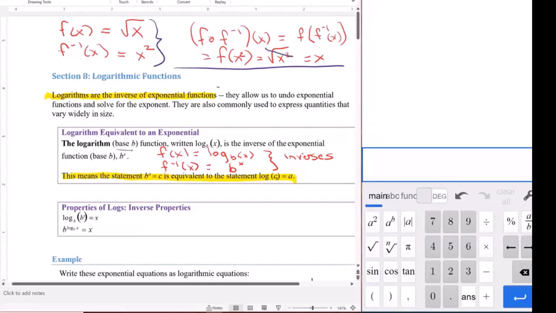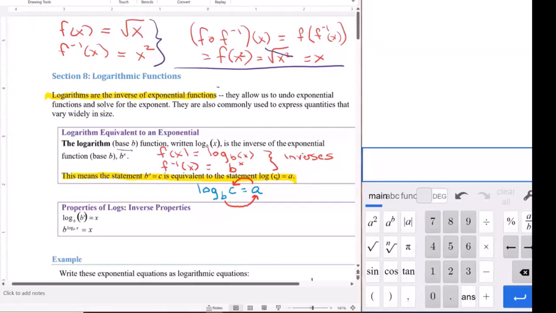And some people have learned this, and I'll show this part to you because it's a very nice way to remember, or just to look at a function and be able to see what it means. So if I have log base b of c equals a, if I take an arrow from b to a and back to c, sometimes I've heard people refer to this as the around the world rule.